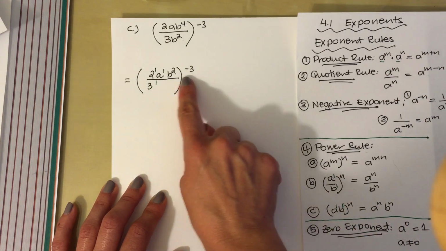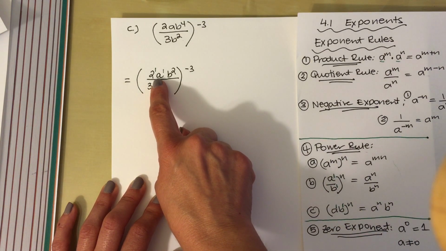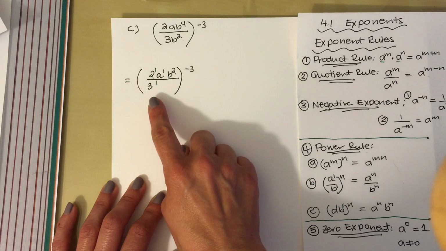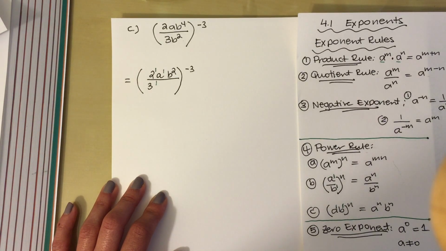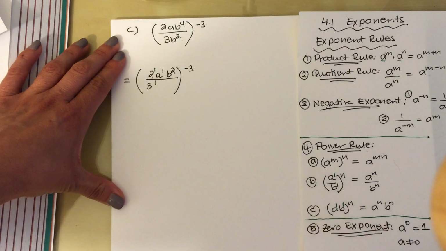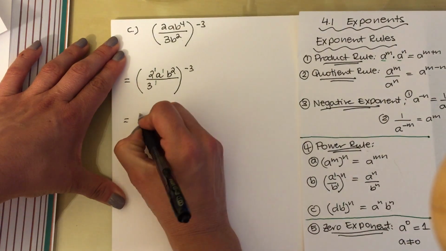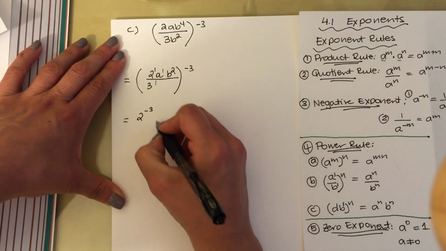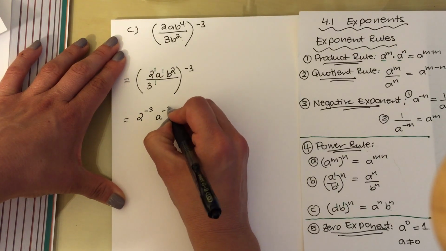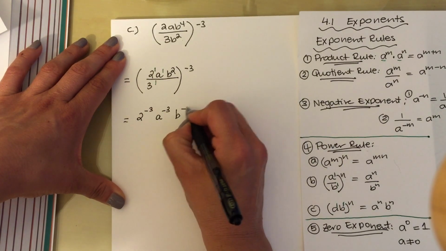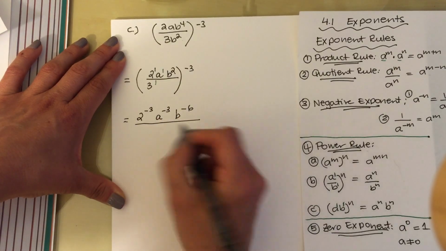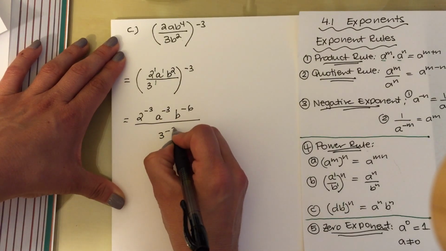So when we multiply, we can't forget about 2, A, and 3. Even though you can't see the exponent, it's automatically assumed to be 1. So let's see what happens. 2 to the -3, A to the -3, B to the -6, and 3 to the -3.